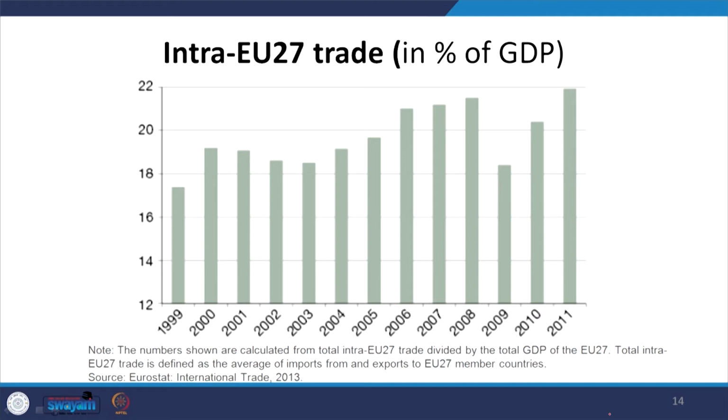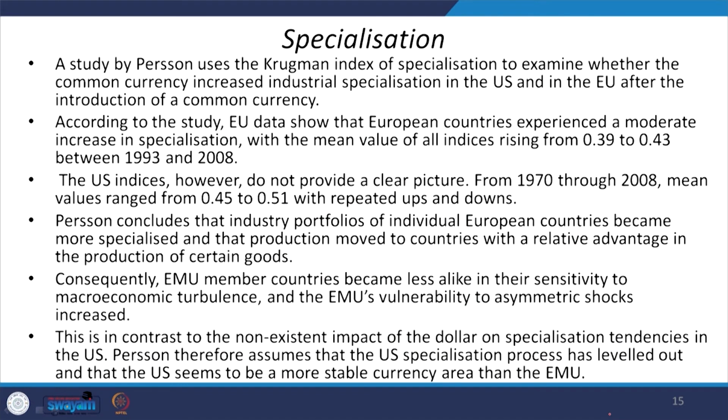The source is Eurostat. The trade volume as a percentage of GDP increases on average over time, but is also more or less stable in different periods, except the 2009 financial crisis.